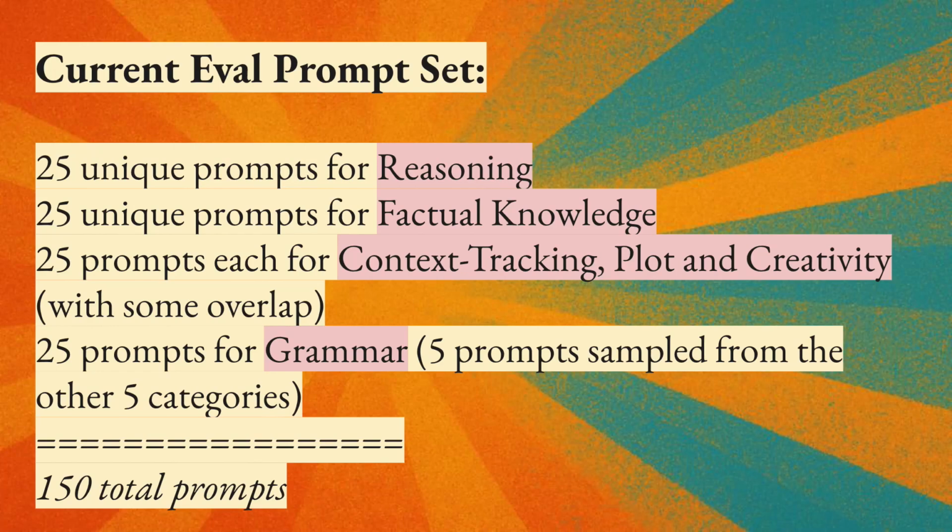The 25 prompts for grammar are unique within themselves, so none of the 25 are duplicates of each other, but they are not unique across the full data set. And so I have 150 total prompts now. I took those 44, fed them to Claude, had conversations about what rules I want to use for what categories, and almost quadrupled the number of prompts to 150.